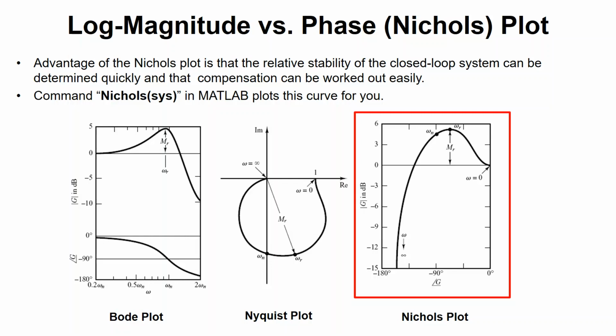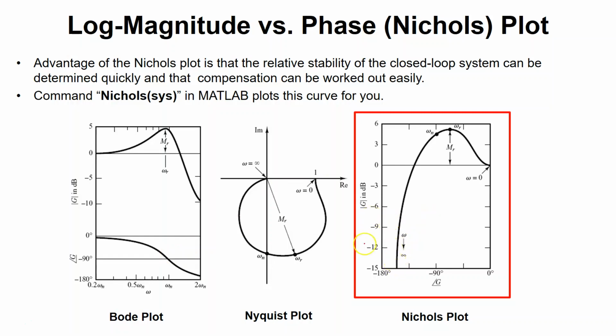In Bode plot, we plot the magnitude and the phase, each one separately against omega. In Nyquist, we did the polar plot. Now in Nichols plot, we do something very similar to Bode, but we collapse the two graphs into one and get rid of omega.